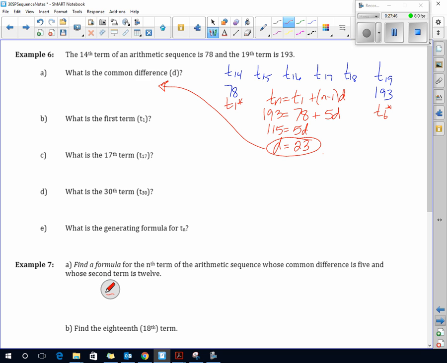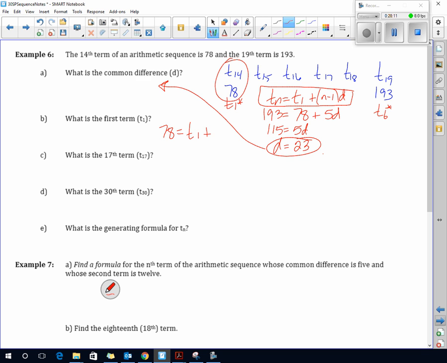So, again, we're going to put it into this formula. Let's use this term as the 14th term now, okay? So the 14th term is 78. The first term we don't know. So that's what we're solving for, T1. n minus 1, if it's the 14th term, what's n minus 1 going to be? 13, and we already figured out the common difference, which was 23.